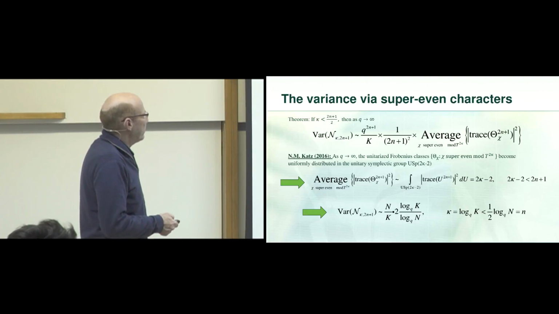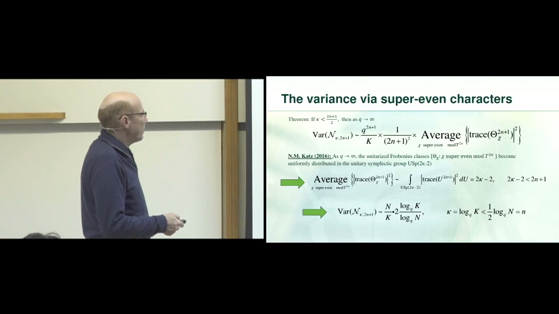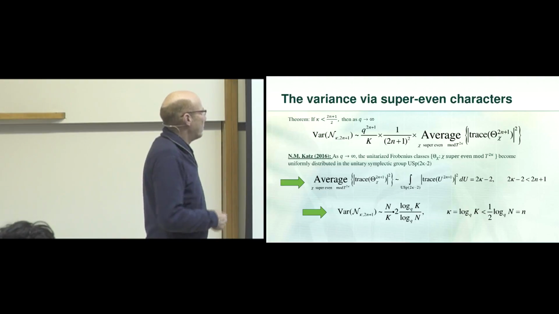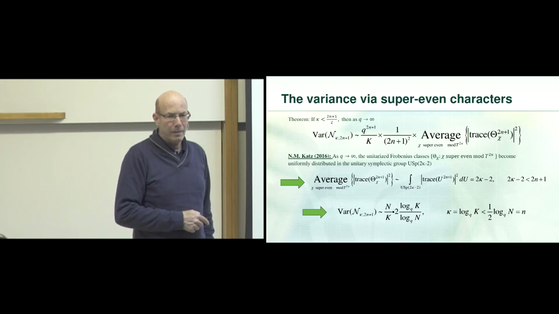And then you input it into this formula and you find an asymptotic formula for the variance in terms of the parameters kappa and n, and then you interpret them in terms of the number of bins and number of points, and you get this function, which is exactly what we conjecture it to be.